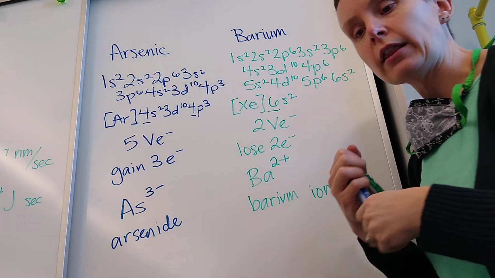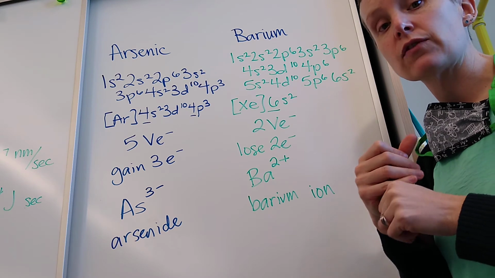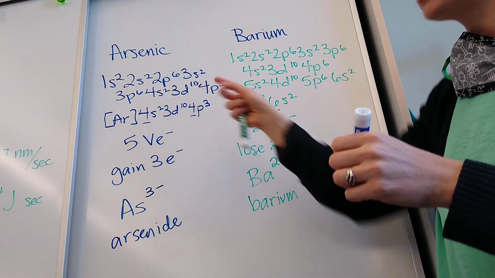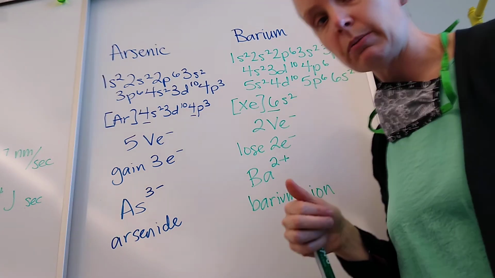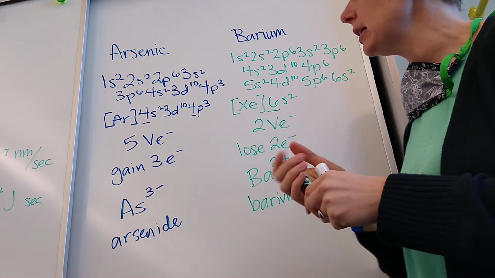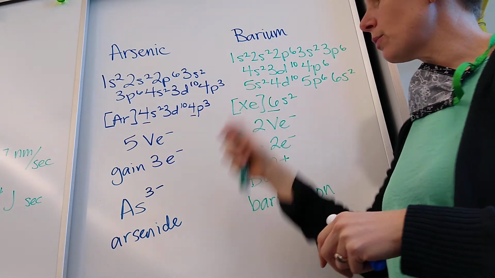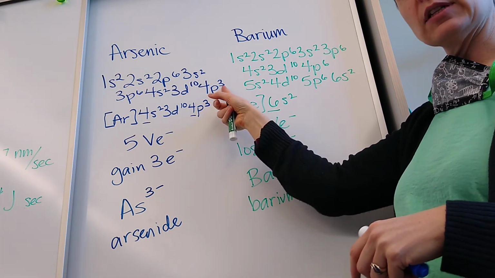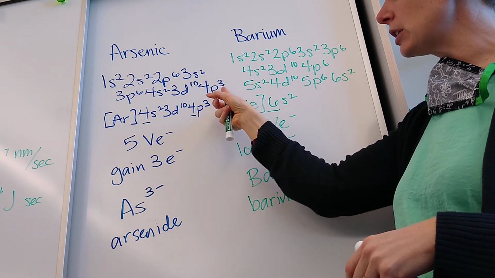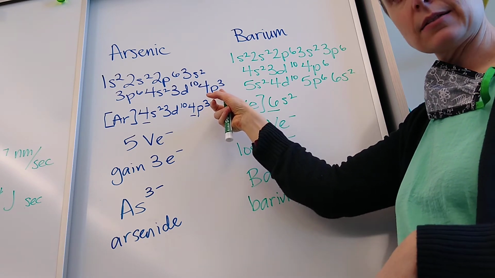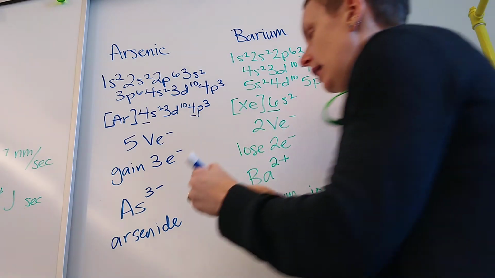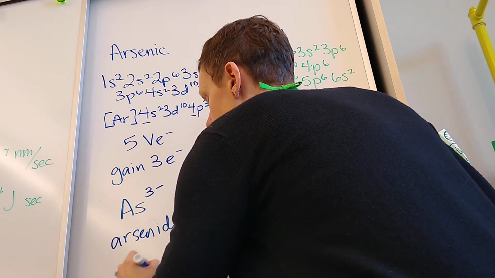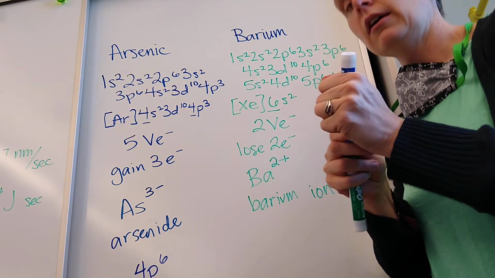And then 5, write the full and abbreviated electron configurations for the ion formed. Okay, so arsenic. I'm going to be lazy. You don't have permission to be lazy on your worksheet for the rest of these, but when it gains 3 electrons, we said it's going to gain 3, what happens to the end of its configuration is that it changes to 4p6. So all of that would be my yada yada here, but you're going to end with 4p6.